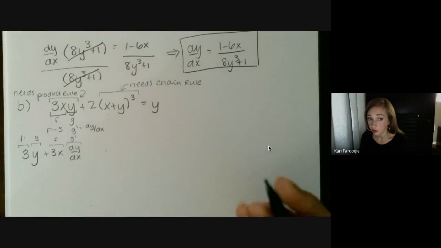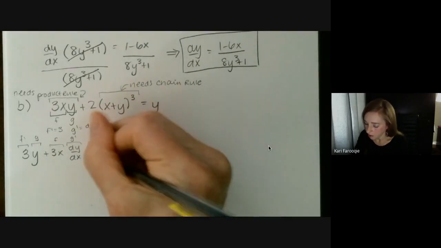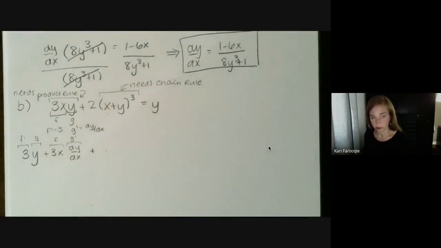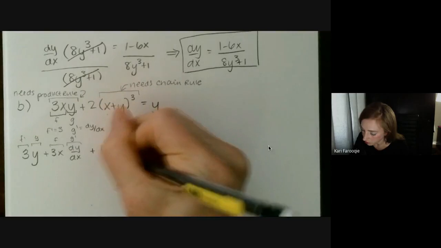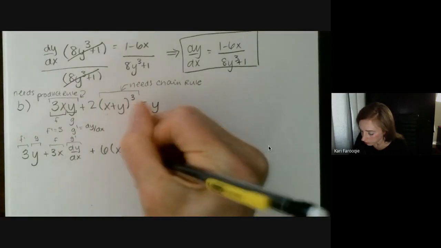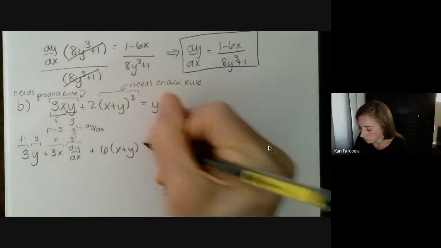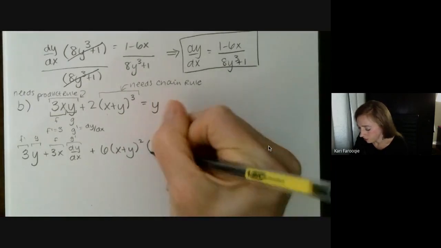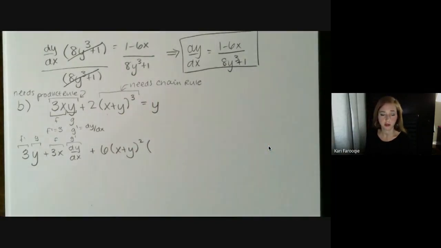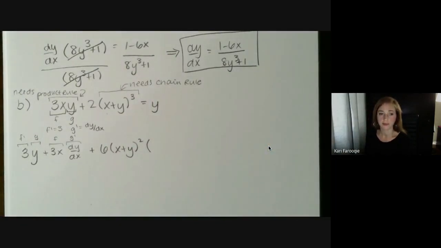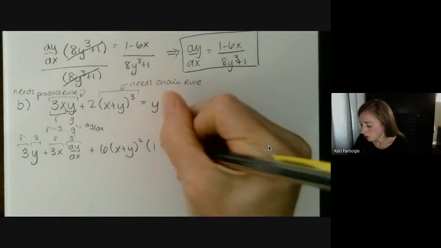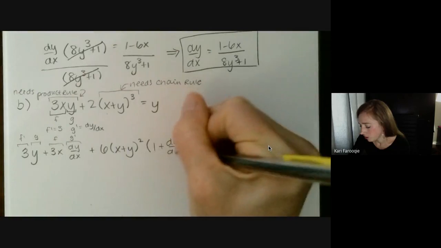All right, now we'll use the chain rule. So go ahead and start to use the power rule as though you just had 2x cubed, and then we'll chain on the derivative of the inside function. So 2 times 3 is 6. Rewrite the inside function. Don't mess with it. Decrease the power by 1. And now you're going to chain on the derivative of the inside function. The derivative of x plus y is 1 plus dy dx.